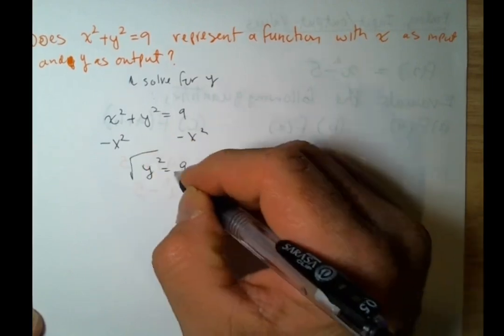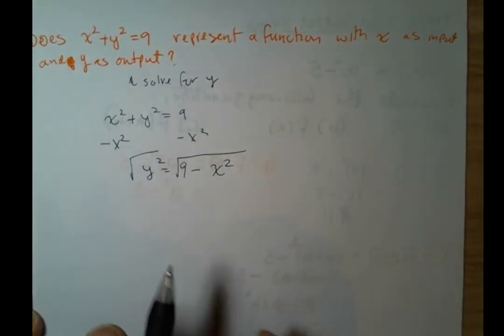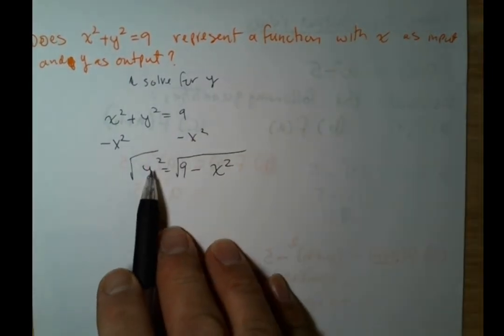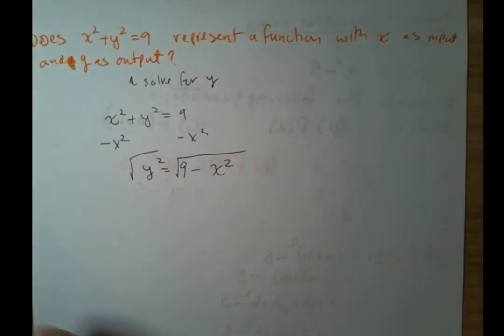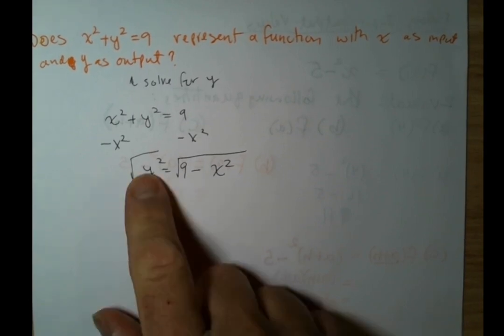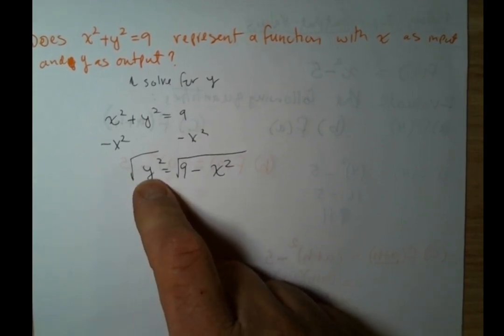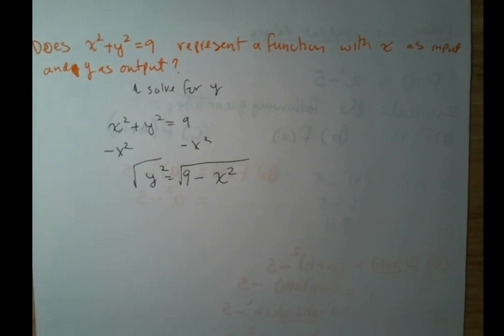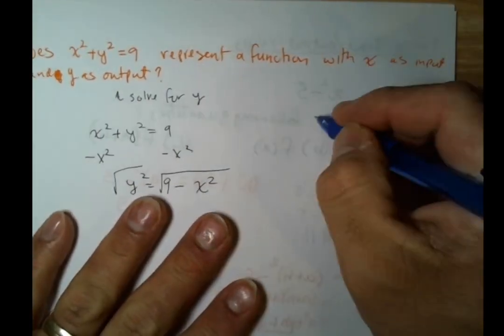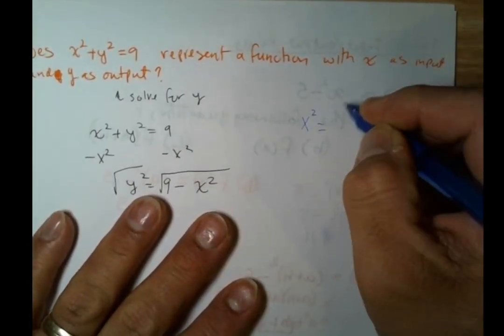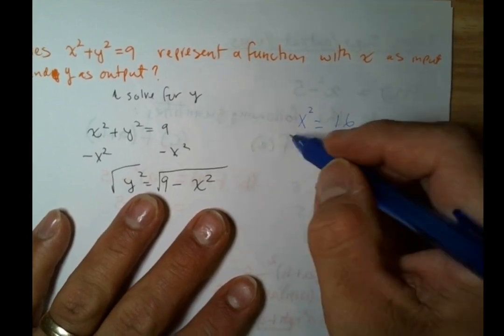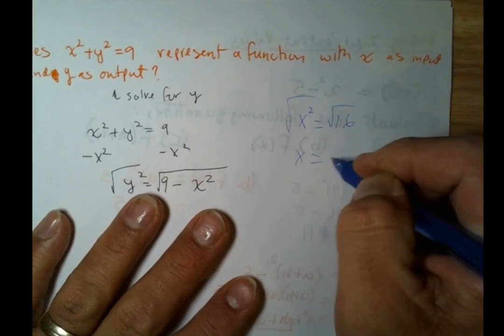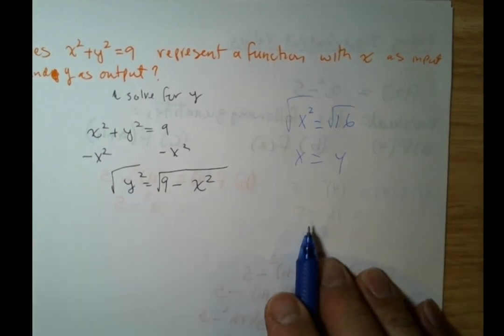Now, here we must be careful whenever we're taking the square root of a square. The reason for that is because of the nature of the square. As just an aside, let's say x squared is equal to 16. I'll just take the square root, and x is equal to 4. But that's not all of it.